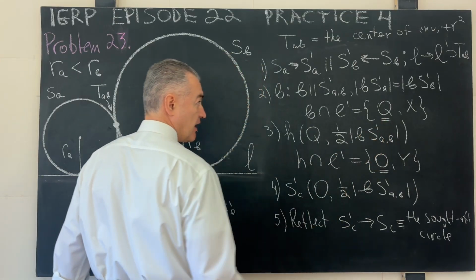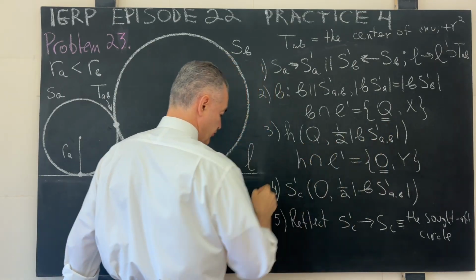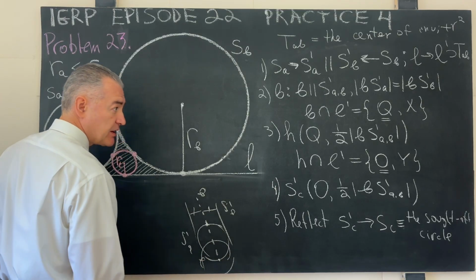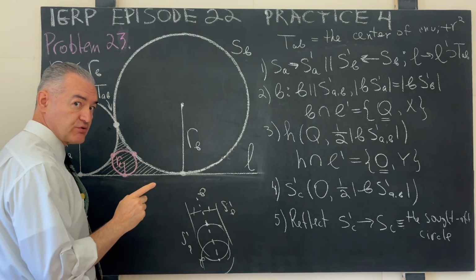This is the point, and we use this point as the center of the helper circle that will mark the center of the actual reflected circle.